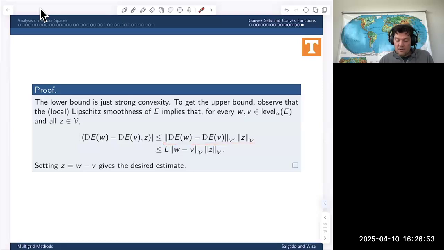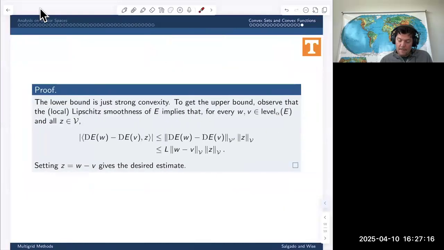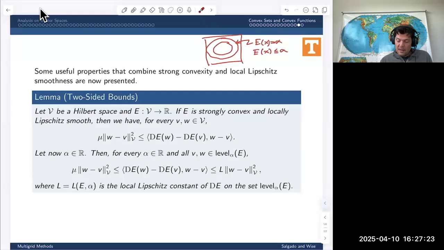But then the local Lipschitz smoothness says that this is always going to be bounded by this object here for some L for that set. Now all we have to do is replace this z, which could be anything, with the difference w minus v, and then of course we get this upper bound. So we're done there as well.